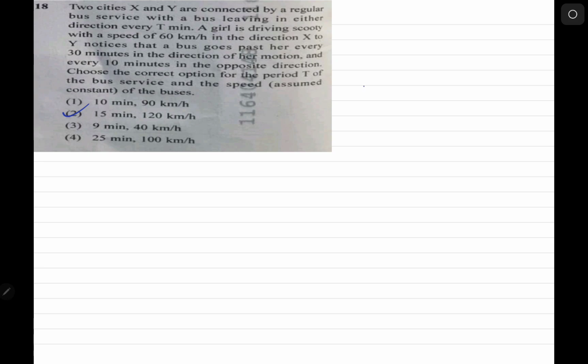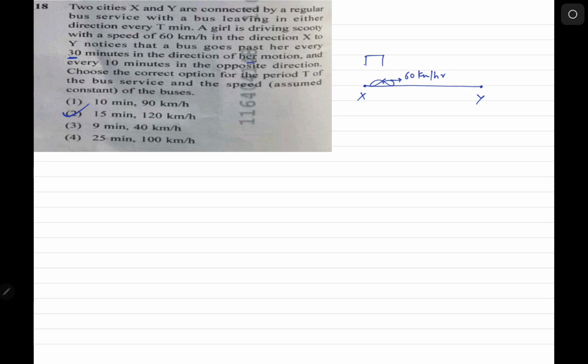Two cities X and Y are connected by a regular bus service. There's a girl who is moving with a scooty at 60 km per hour. She notices that a bus goes past every 30 minutes in the direction of her motion.